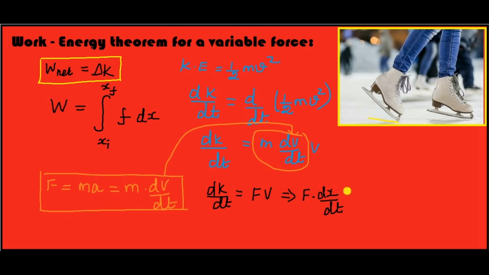Now if you are going to find out the values over here, dK by dt is equal to F into dx by dt, or it can be written as dK is equal to F into dx, right? We found this relation dK is equal to F into dx.